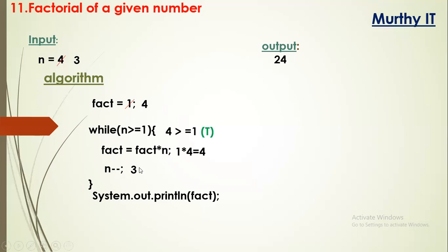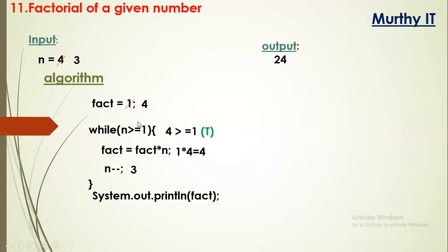Currently n value is 3, it will become 2. Now again 2 greater than or equal to 1 or not? So now it is true. In the fact variable, what value is there? 12 is there. 12 into 2, 12 twos are 24. n minus minus, 2 minus 1, n value is 1.